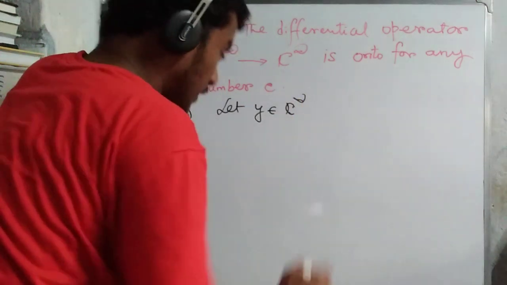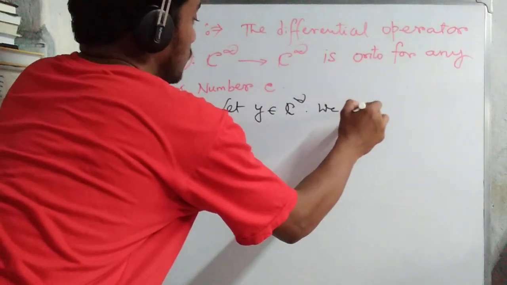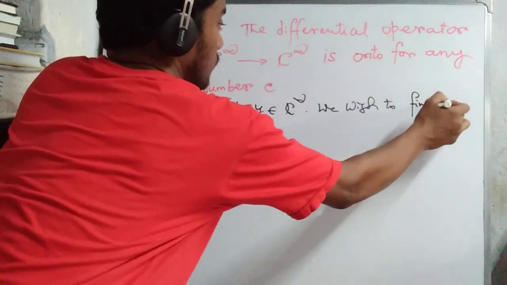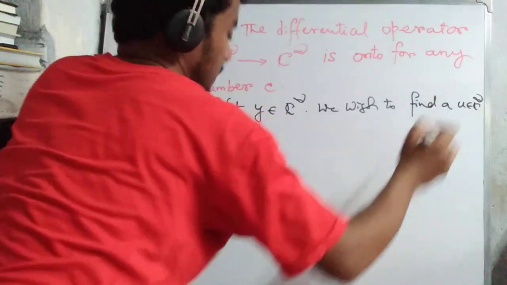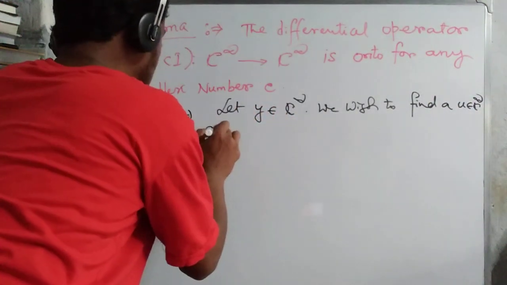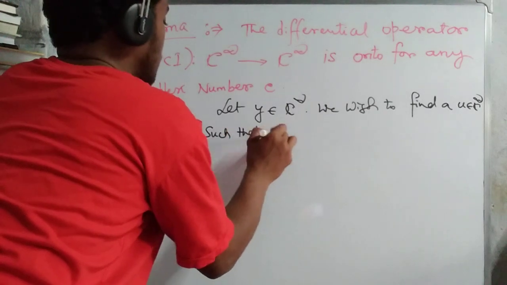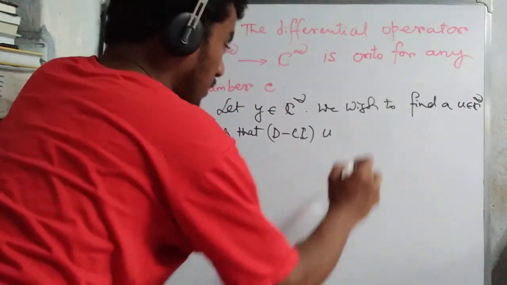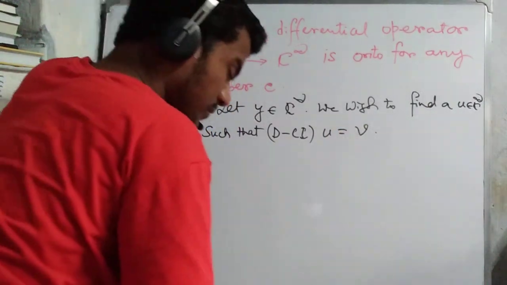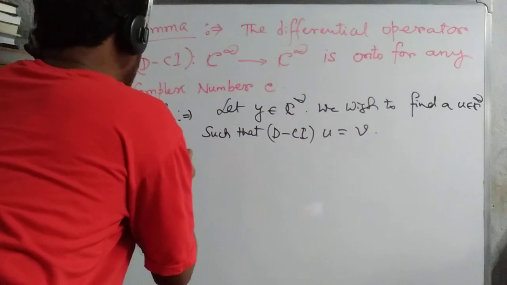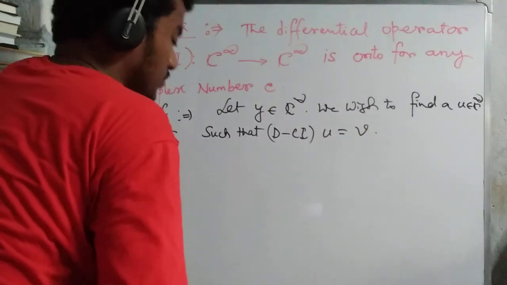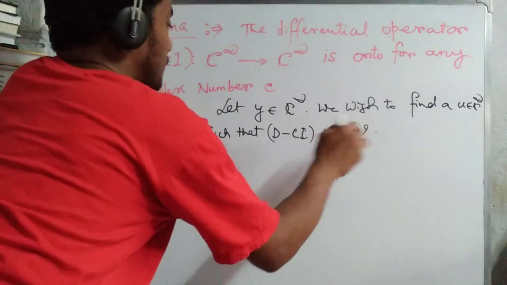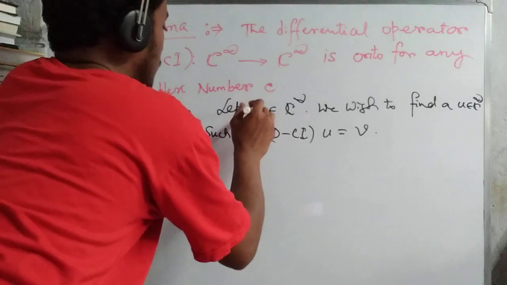We wish to find a u belonging to C infinity such that T of u equals y. Sorry, let v belong to C infinity.